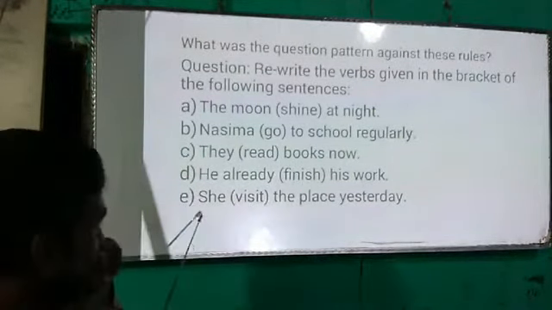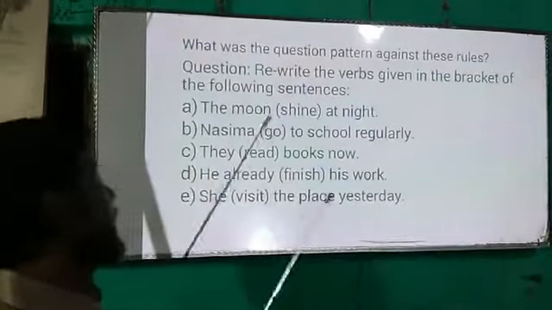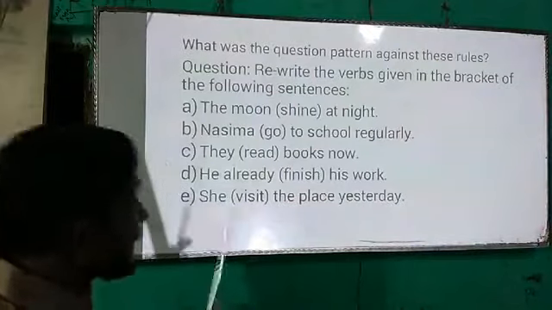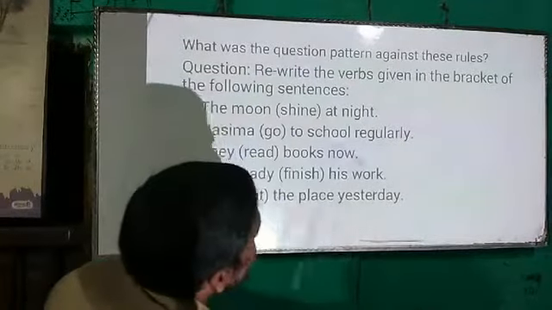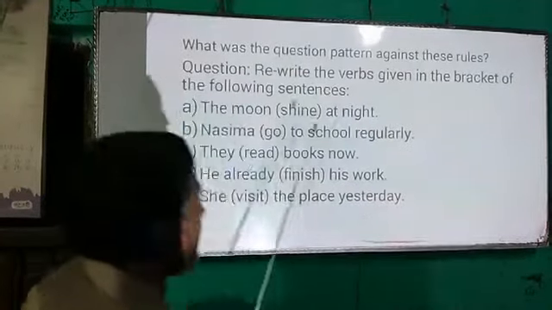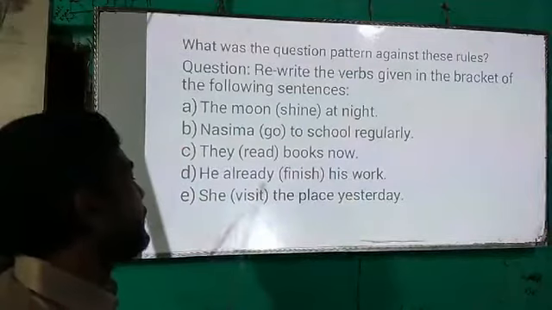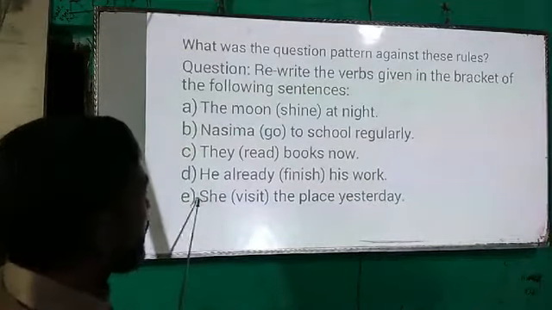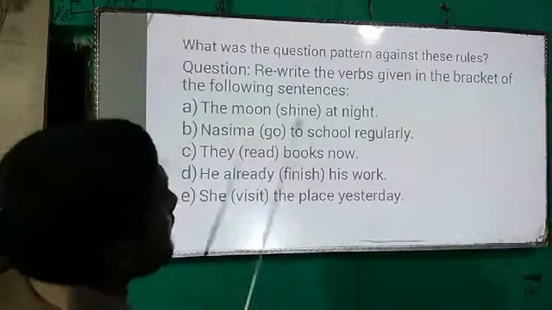So dear student, again, she visited the place yesterday. So here is a time mentioning adverb. This is yesterday. So the rule is telling you, oh, yesterday, so I must have to use the verb in the past form. So anyone can remember. So she visited the place yesterday.